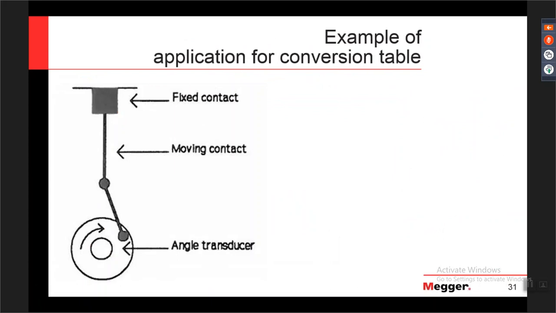You understand that, where's my pointer? Here. If you put the transducer here, you see that depending on the position here, you will have different movement of the contact. It's basically a sine graph that it follows. So that's why you need a nonlinear relationship, a table that compensates for this nonlinear relationship.